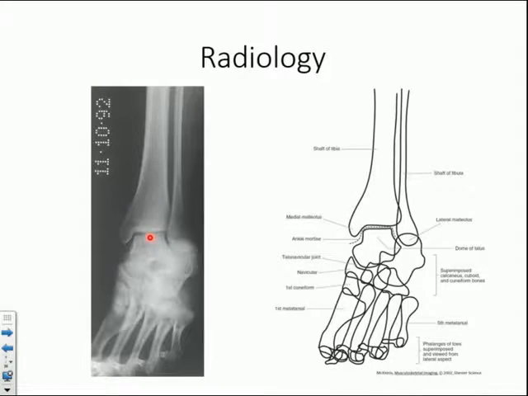So this is the mortise joint that we had talked about. The outline of the calcaneus projecting posteriorly. The navicular bone and the associated talocalcaneonavicular joint that we talked about, and the medial cuneiform articulating with the first metatarsal as well as the fifth metatarsal and its rather prominent base.